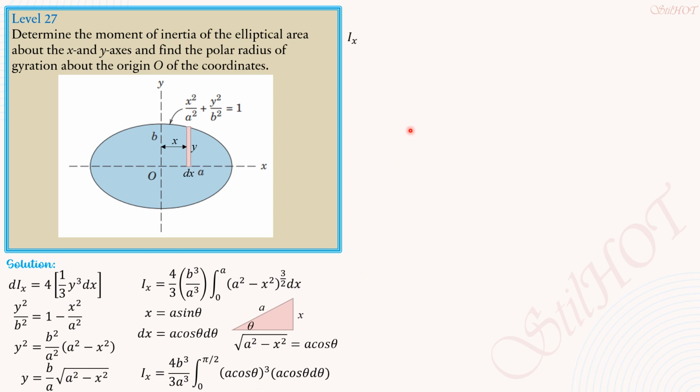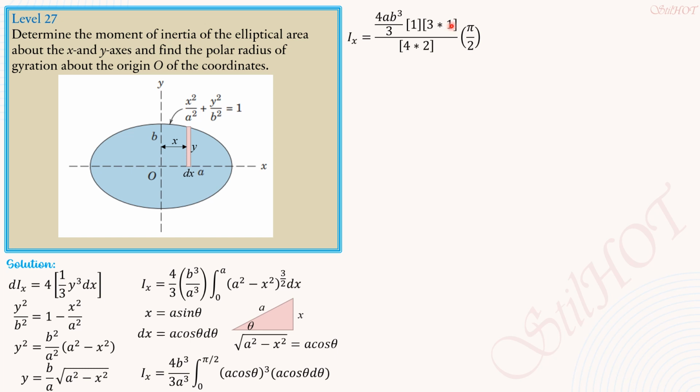So Ix is 4ab cubed over 3, then 1, 3 times 1, 4 times 2, pi over 2. So again, this is for the sine, but the rule is we replace it by 1. This is the 4 power of cosine, 4 minus 1, so 3, decreased by 2, so the next is 1.